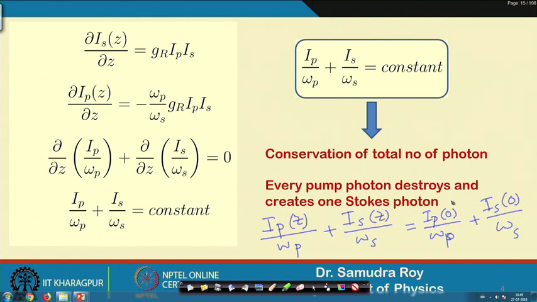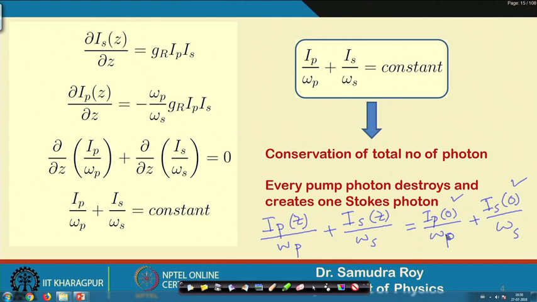So, initially if I have an I p value and an I s value, and I calculate I p divided by omega p plus I s divided by omega s, whatever value I have at any z point, please note that even though I p and I s are both changing, it is not that they are constant; they are changing. But the important thing is that even though they are changing, if I add this quantity, it is conserved.